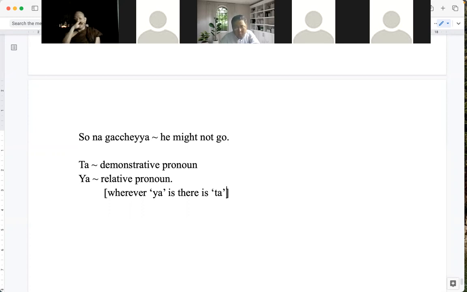Wherever ya is, there is ta. Whenever we see ya in the sentence, even though there is no ta practically or currently, we need to understand they are related.